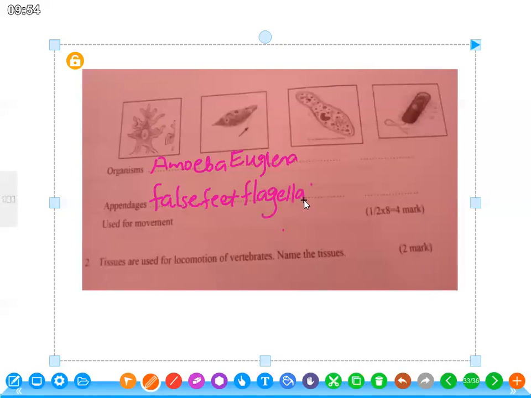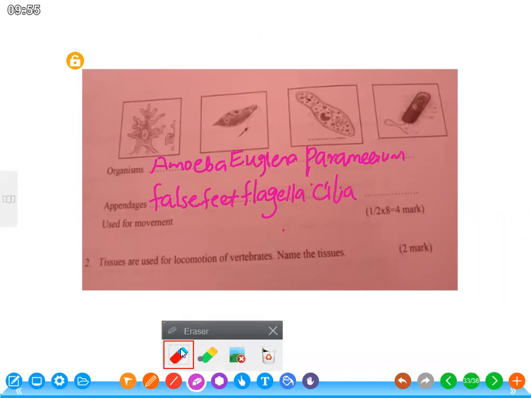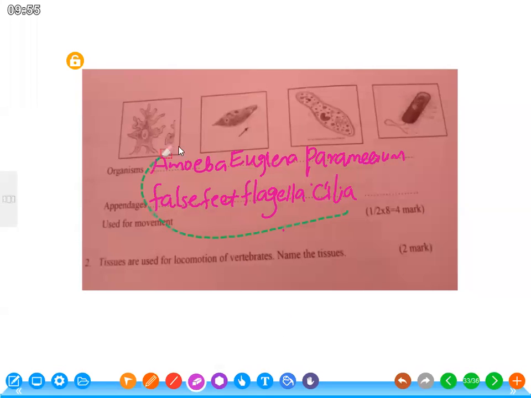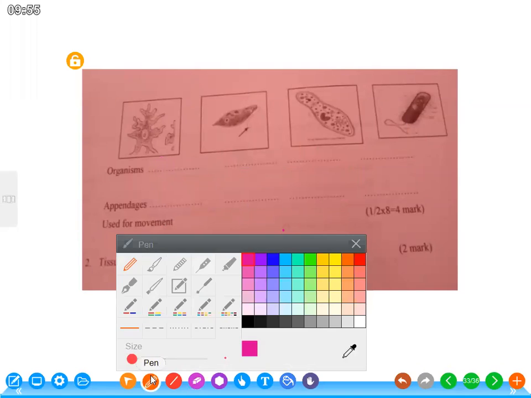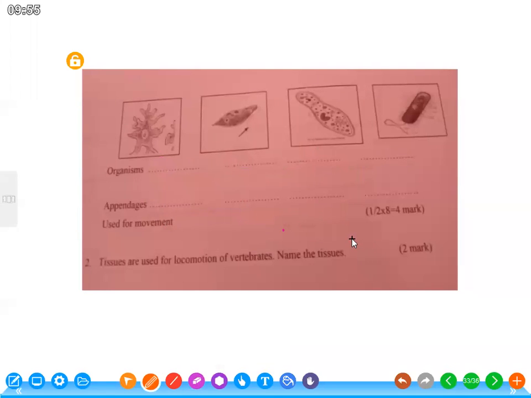Then the third one, Paramecium. Appendages used for movement: cilia. Then bacteria.